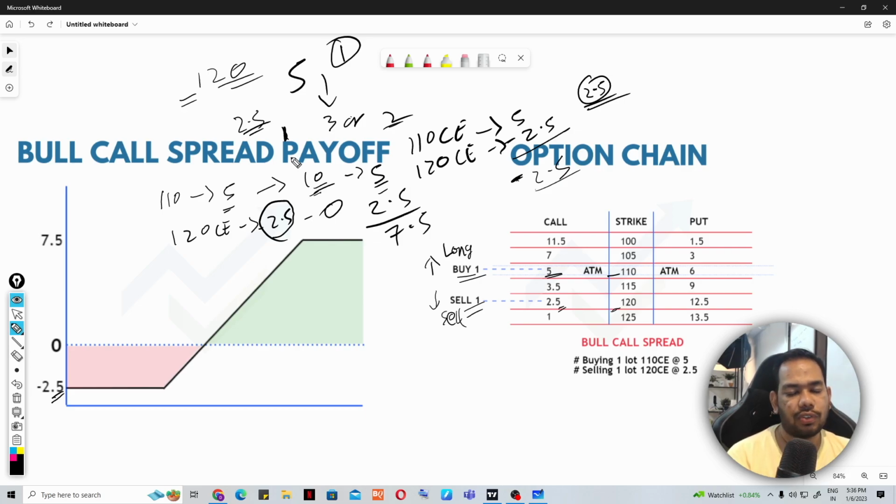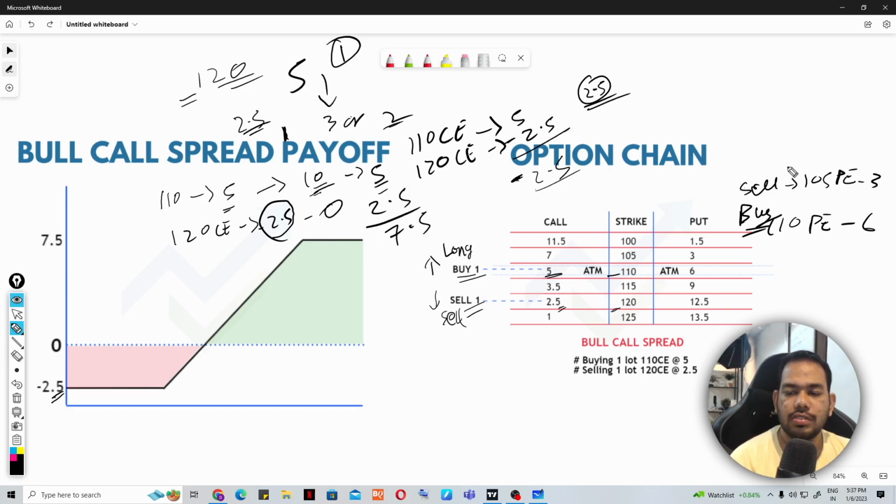similarly, as we are looking at bull call spread, one can initiate a bear put spread as well by simply doing the same scenario. So in our example, if we want to deploy the same thing with a bearish view, what we do is buy the 1110 put at 6 rupees, so this will be the buy leg, and the sell leg will be the 105 put.